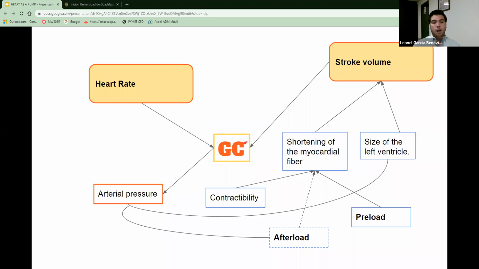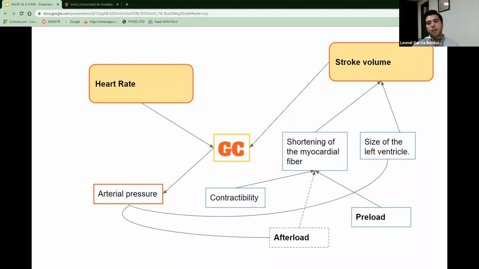So we're gonna have cardiac output. Cardiac output is gonna be determined by heart rate and stroke volume. Why? Because stroke volume is the total amount of blood that is ejected in one beat, and the heart rate is how many beats per minute we have.